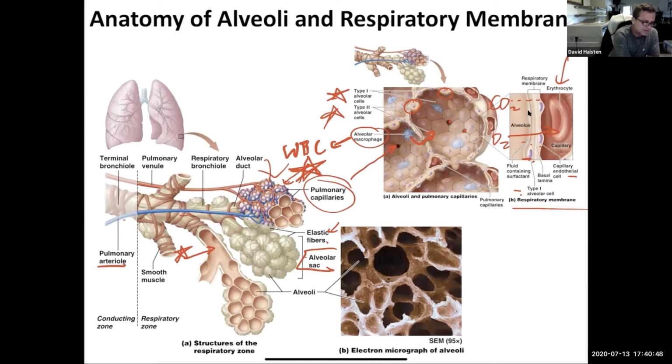And then what is this red structure, this red vessel that's coming off of the capillary bed? I'll give you a hint. Its first name is pulmonary. What's its second name? What's its last name? We have pulmonary arteriole and the pulmonary capillaries that converge into the pulmonary what?